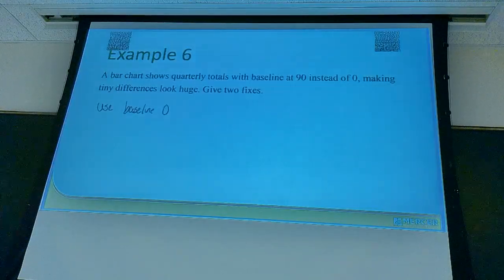We keep the bar graph and use baseline 0, and again, if you annotate the percent increase, you can keep the baseline.